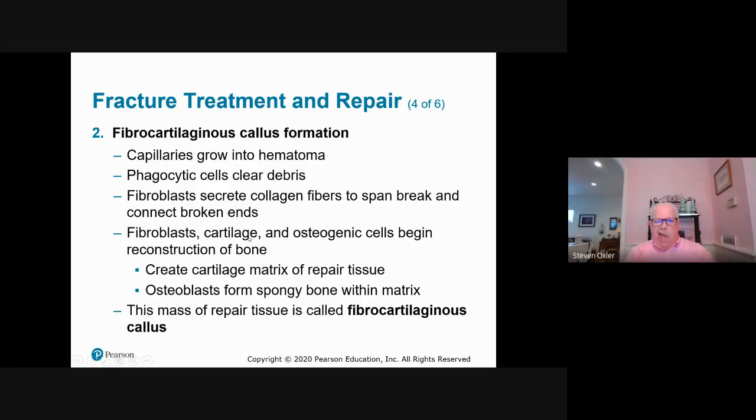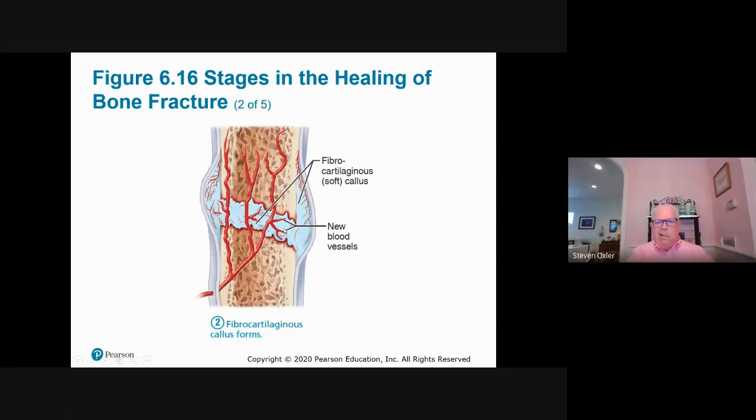Fibroblasts, cartilage, and osteogenic cells come and they build spongy bone. This mass of repair tissue is called the fibrocartilaginous callus. Here it is. The hematoma is now gone. This is all cartilage, all cartilage.